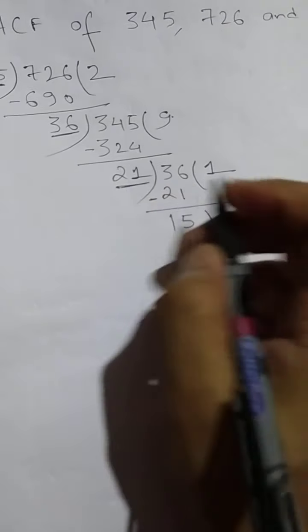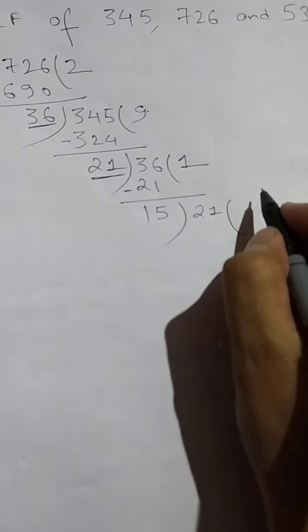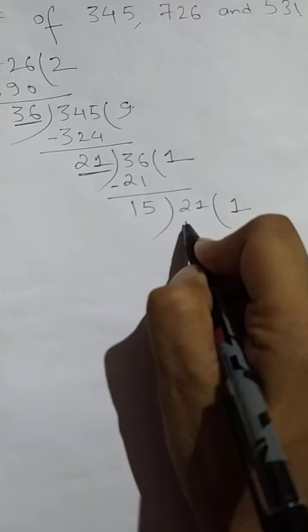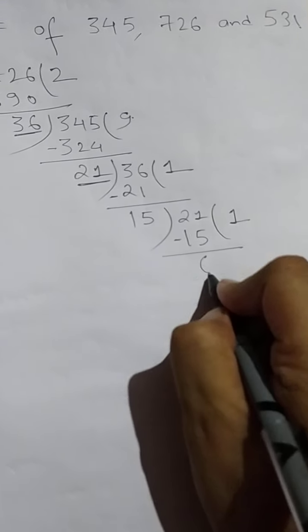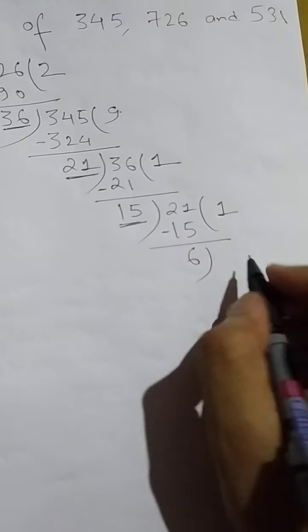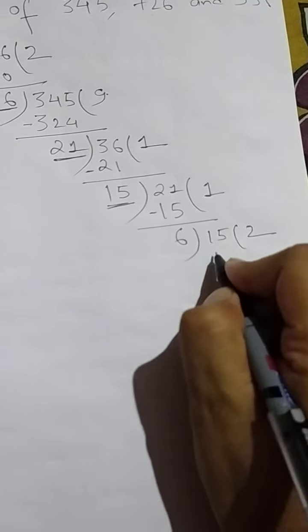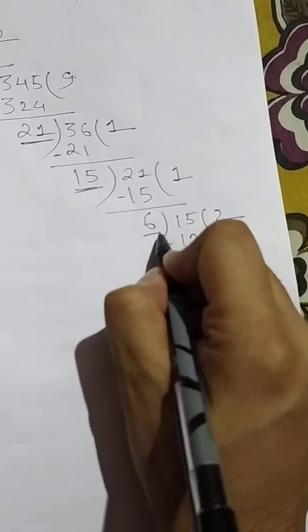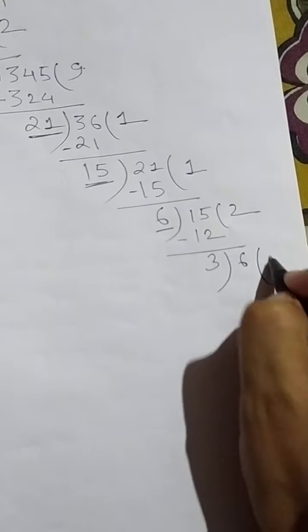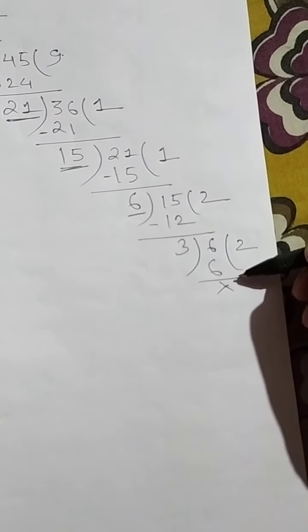Now this 21 you will write here. Okay. So 1 time 15. After subtraction you will get 6. Now this 15 you will write here. So 6 2s are 12. After subtraction you will get 3. Now this 6 you will write here. So 3 2s are 6. So finally you stop here.